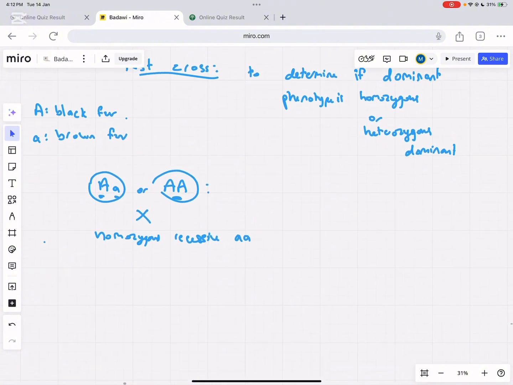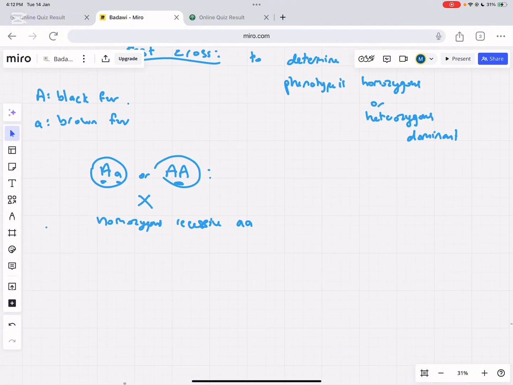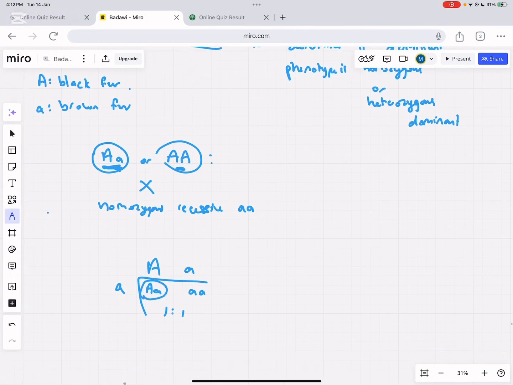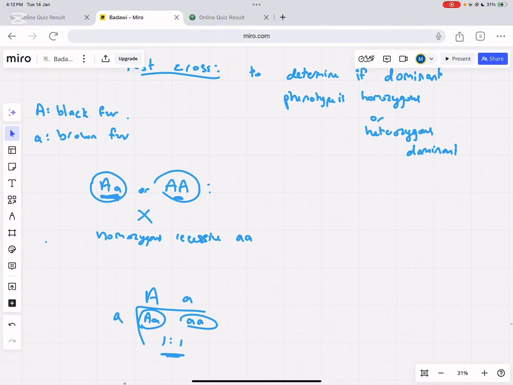If it was heterozygous dominant, with only one A allele, I will get a 1-to-1 ratio. I'll have one dominant and one recessive. So if I get a 1-to-1 ratio, I'll know that my dominant phenotype was heterozygous.